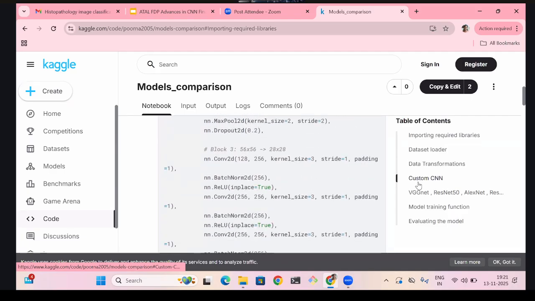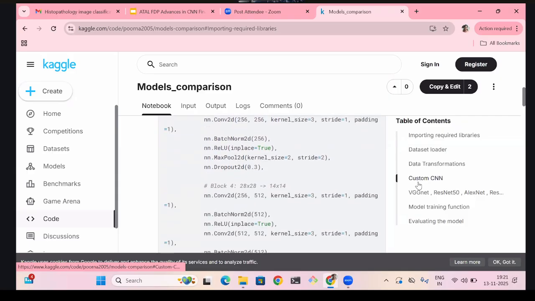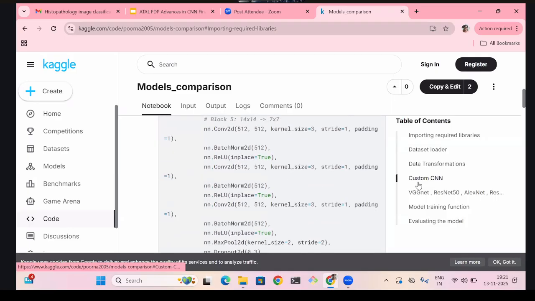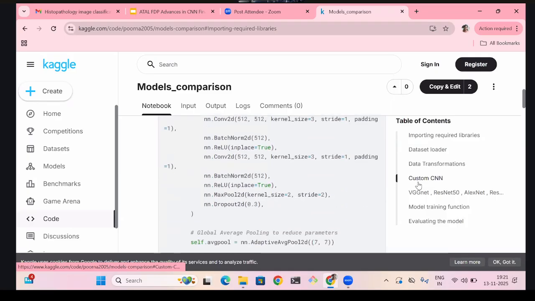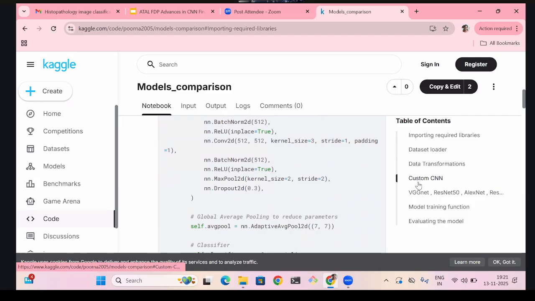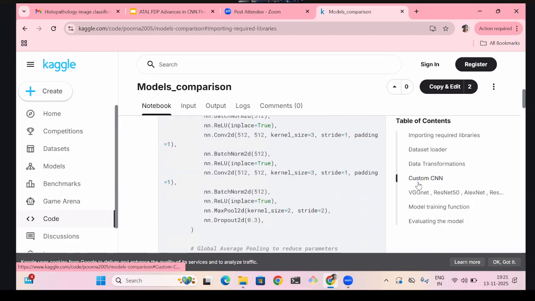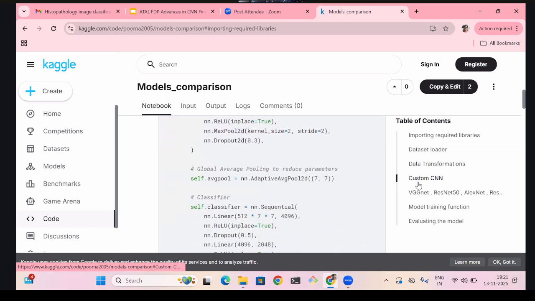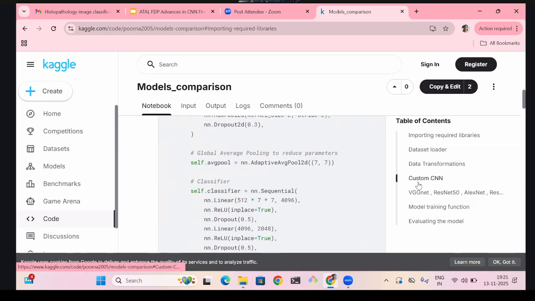We have added 5 blocks of convolution layers, each followed by a max pooling layer. Okay, so after doing all those things, we did average pooling.